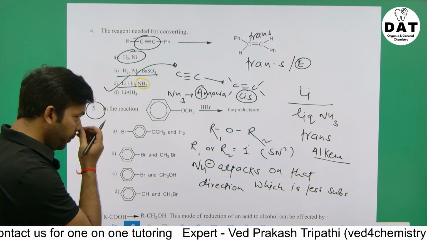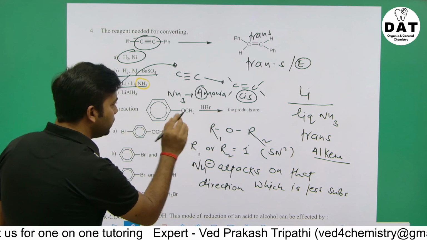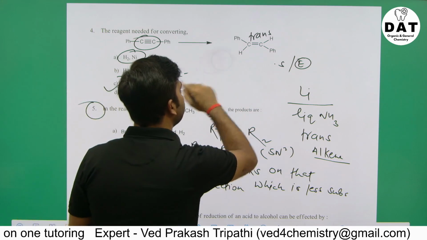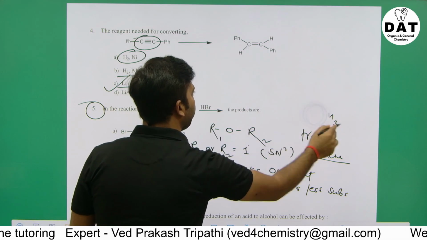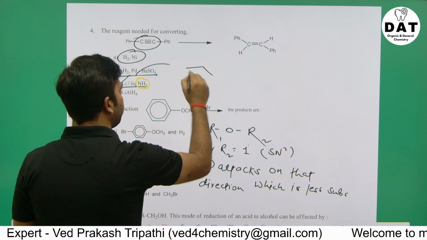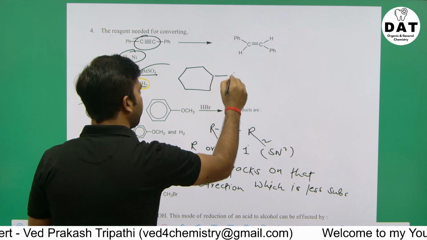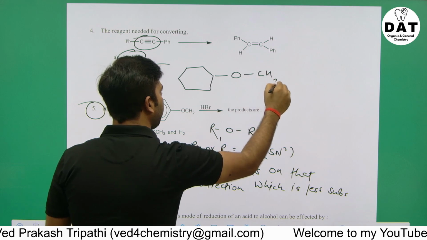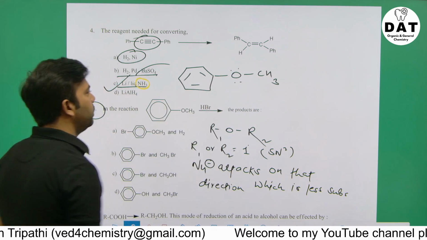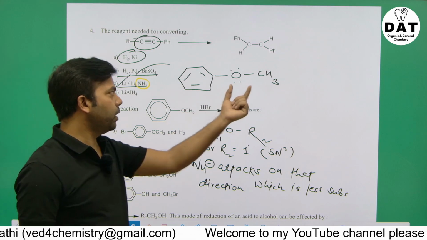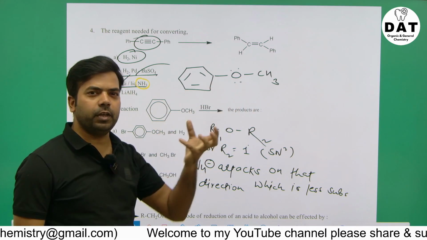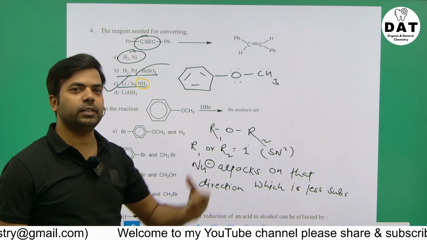So simple thing is that oxygen one side is methyl. If I am going to write here like this, suppose oxygen right hand side methyl, left hand side benzyl ring. So methyl is a very small one, so it means the reaction is SN2.